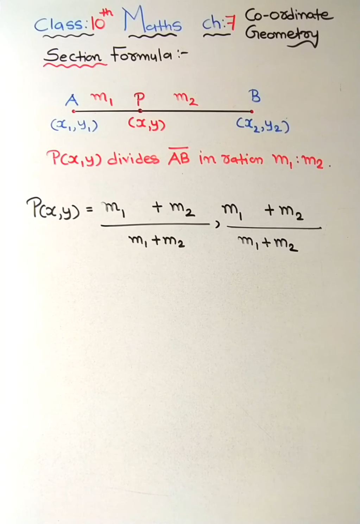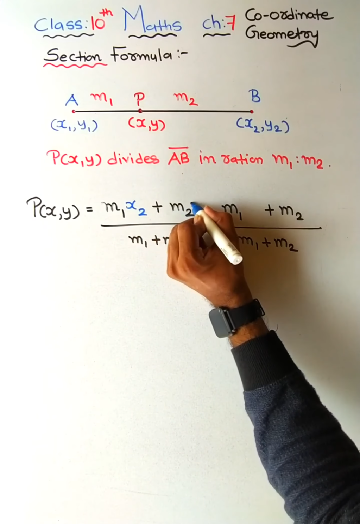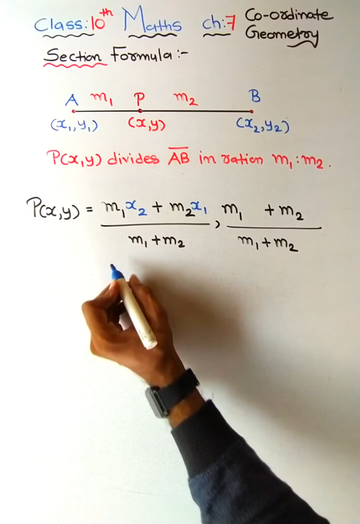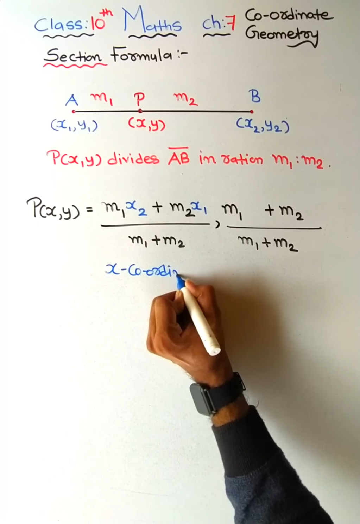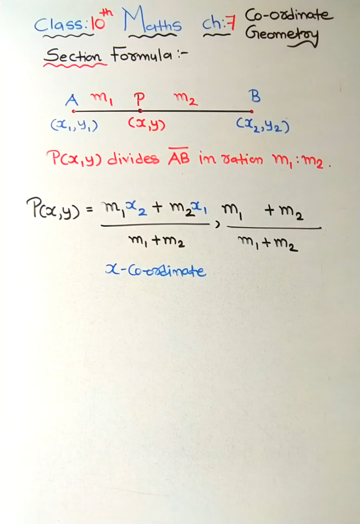Now I have left some spaces, in that we will be filling m1 into x2 and m2 into x1. This will be our x coordinate of point P, the point which is dividing the line segment.